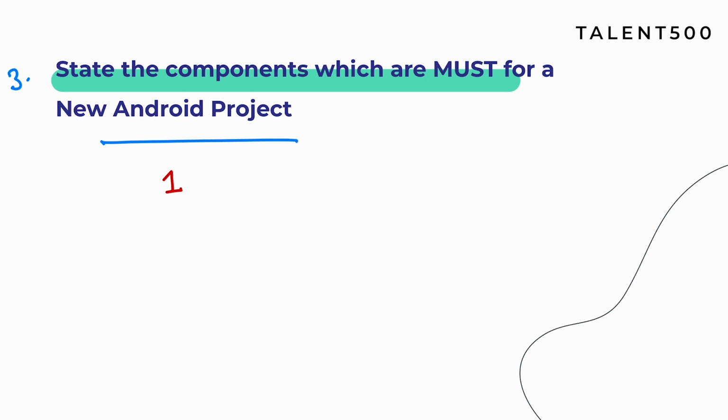Number 1, if you just try to recall the structure of the Android Studio project. So number 1, manifest file, which contains all the significant details like user permissions, or how many screens are present in your application, the icon detail, the app name, all such details are present in manifest, right?